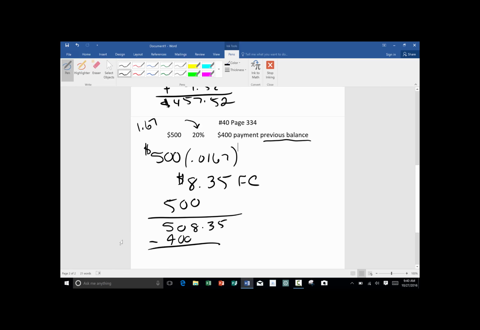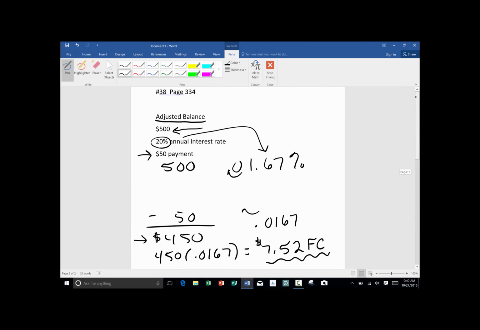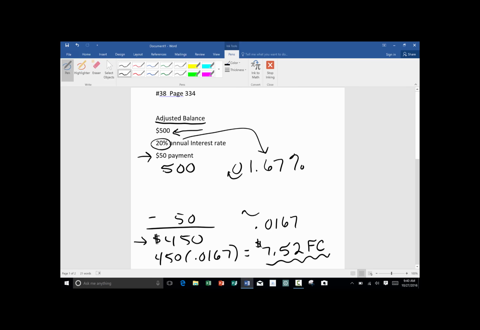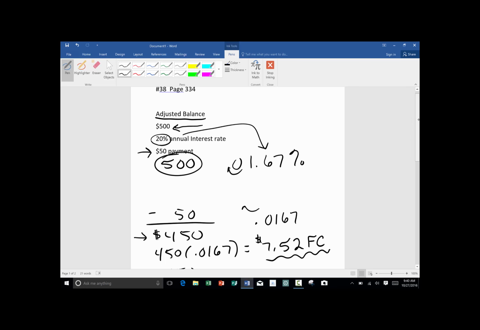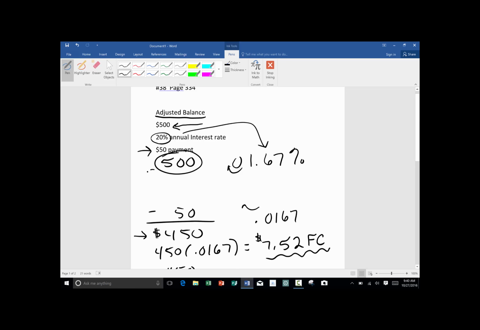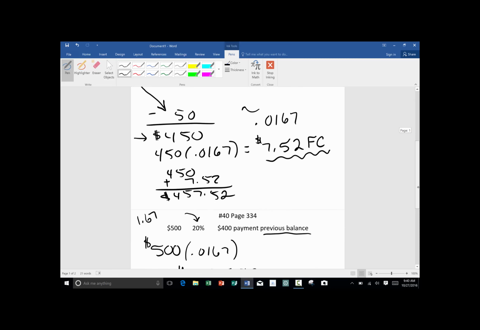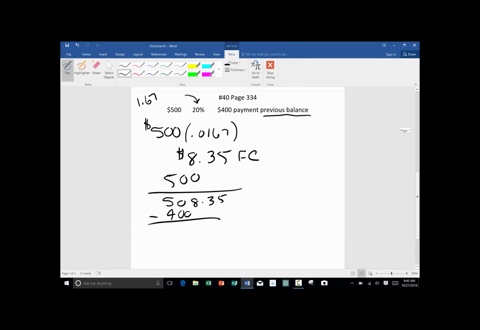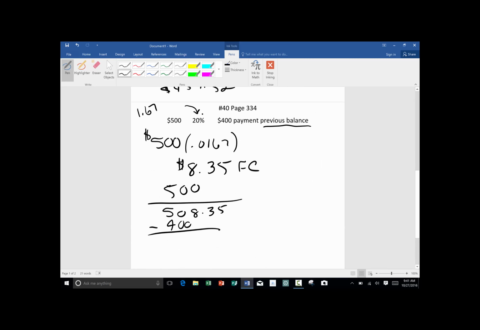Now, the way this is different, if you notice, let's go back up here and look real quick. Adjusted balance, you multiply the balance by your interest after you have taken the payment off. So we did the 450 times 0.0167. In previous balance, we take the original balance without calculating the payment first and multiply it by the interest to get the finance charge.